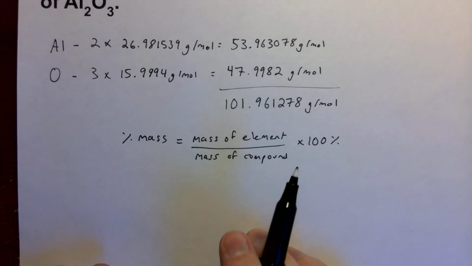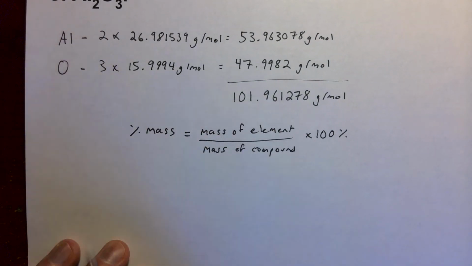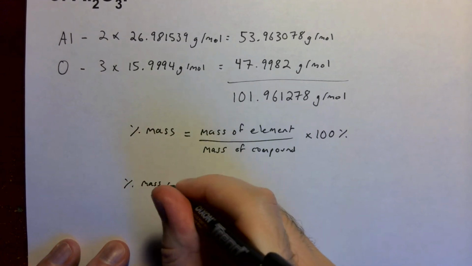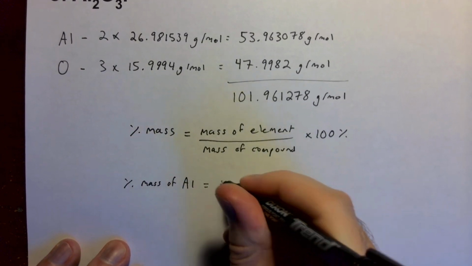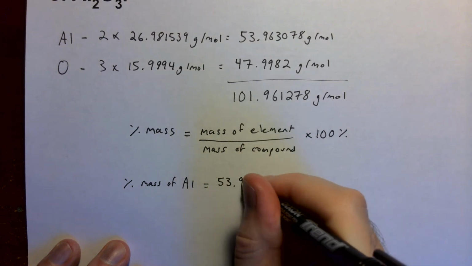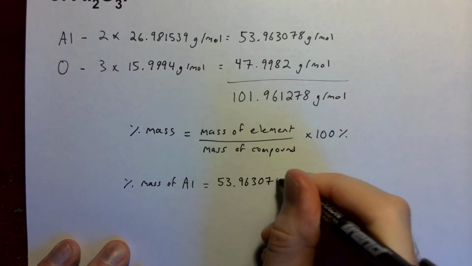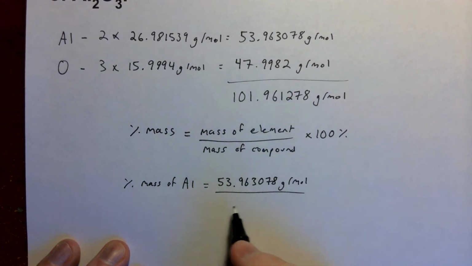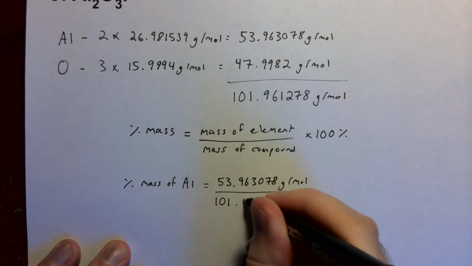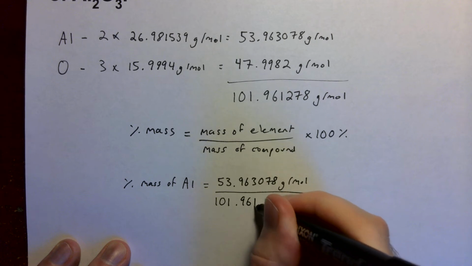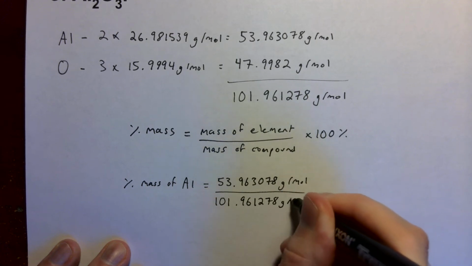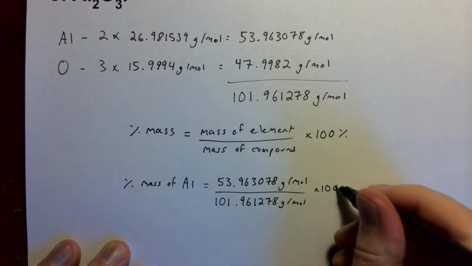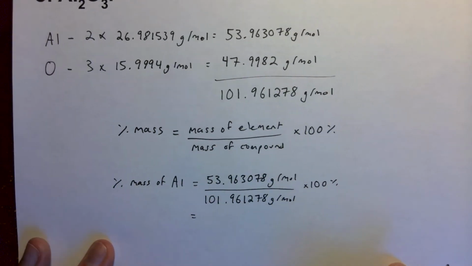So we're going to first look at the aluminum since it came first in the list. So the percent mass of aluminum will be 53.963078 grams per mole divided by the whole, 101.961278 grams per mole, times 100%.